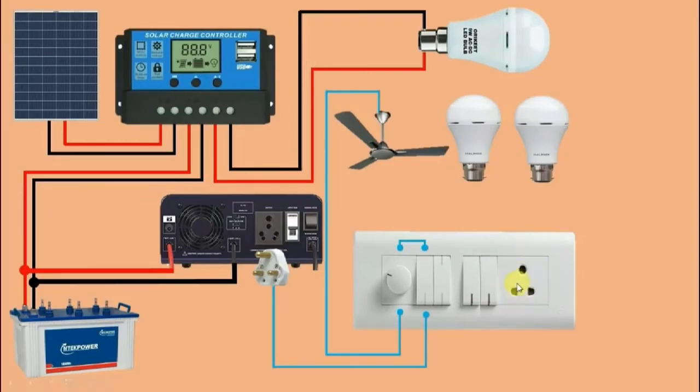The connection for the fan is connected to the switch of the fan, and the socket outlet is connected in the switchboard, so that we can connect our other appliances such as our PC. Of course the bulbs are also connected to the switchboard for the supply and controlled by the switch here.